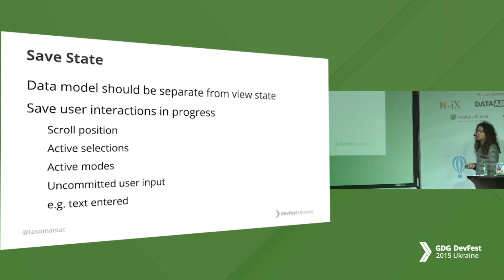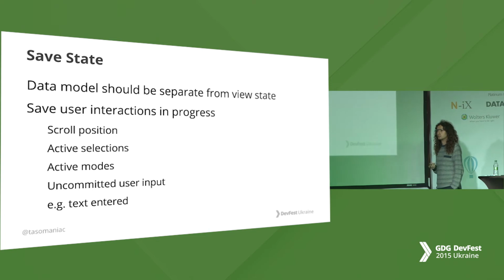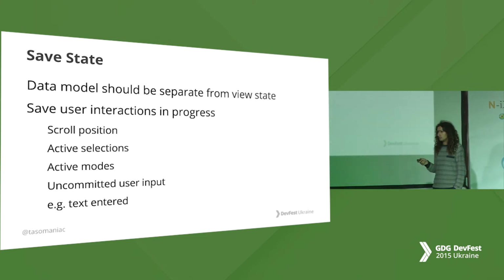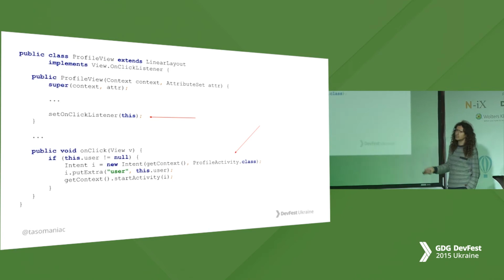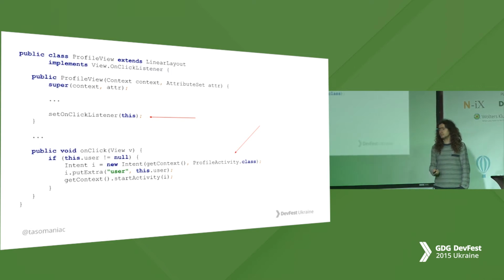The other thing I mentioned was the SaveState. You saw that we have a user object inside our view, right? So let's see how we can save that user on configuration changes.